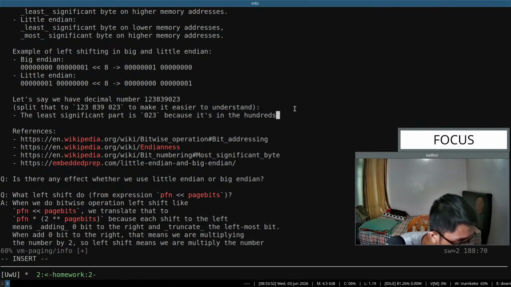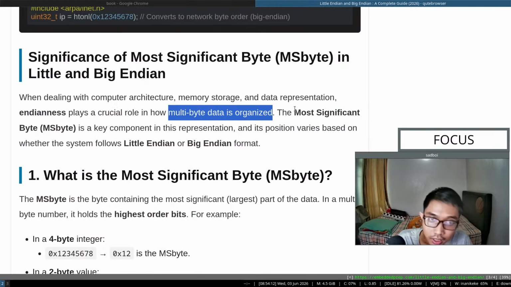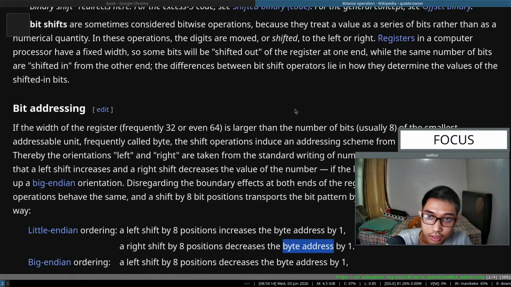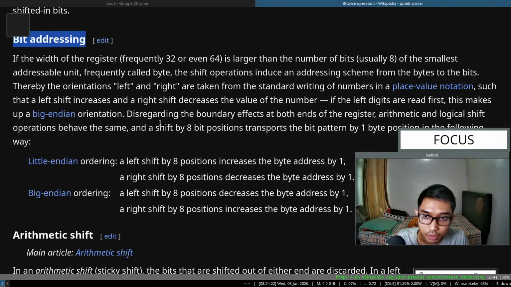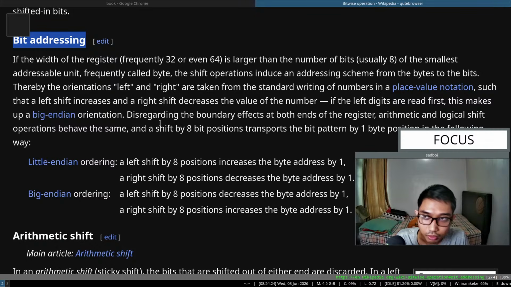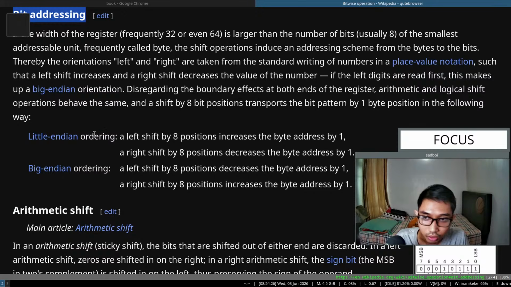Well, so I can discuss with someone else, for example the CPRPNK here explaining to me about how endianness works. If I'm just looking at the Wikipedia here, I might have misunderstood what the endian ordering here means.